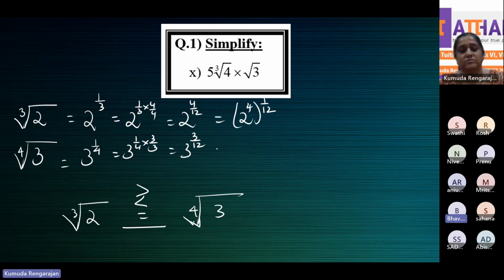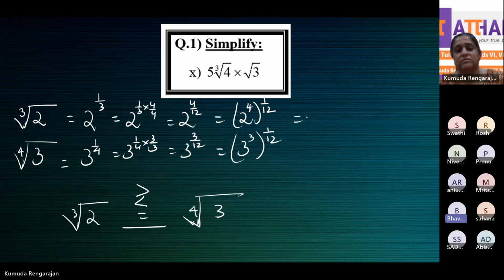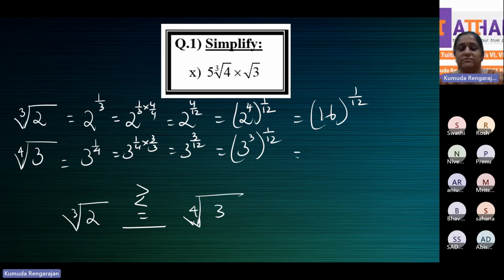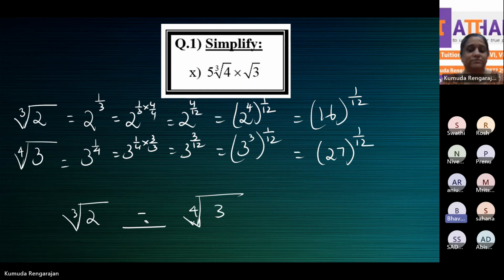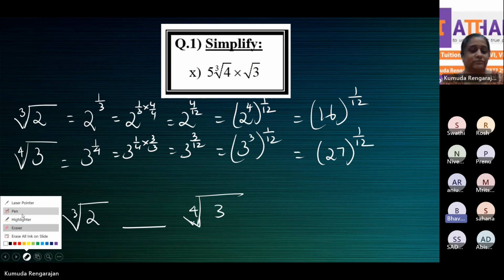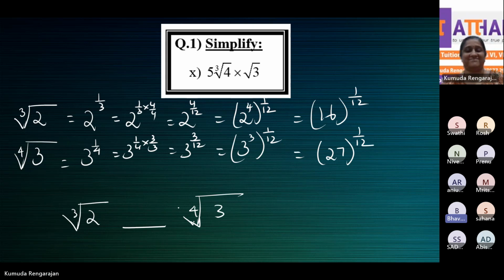Very good. 3 to the power 3 the whole power 1 by 12. Very good. So 2 to the power 4 is 16 the whole power 1 by 12. Perfect. And 3 to the power 3 is 27 the whole power 1 by 12. Correct. So which is greater or which is smaller? Ma'am, 4th root 3 is greater and cube root 2 is smaller.